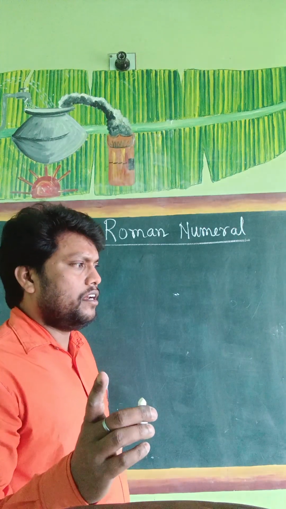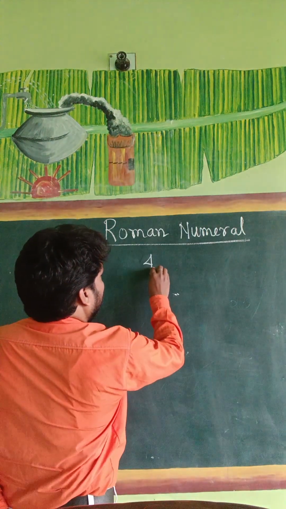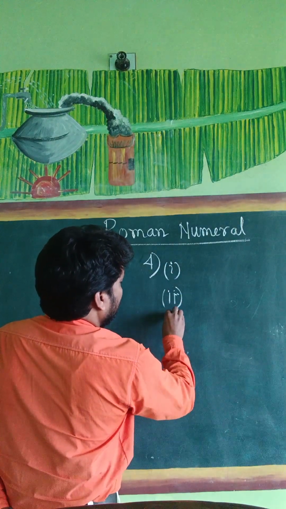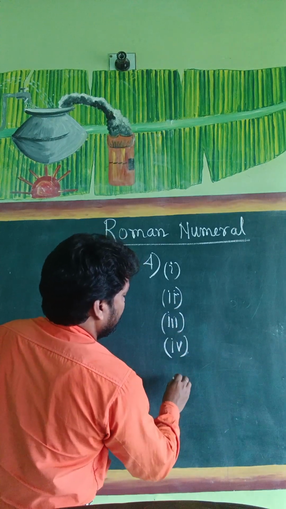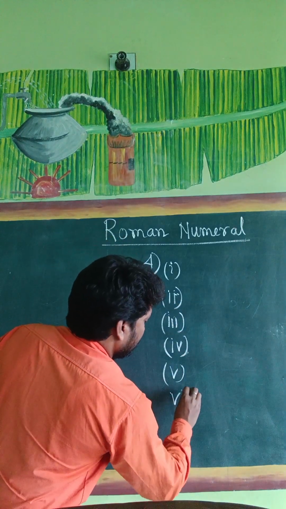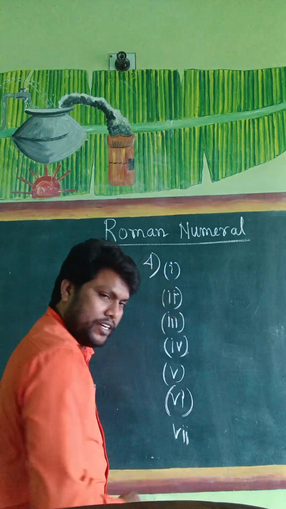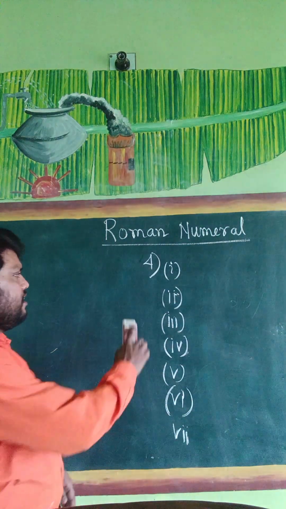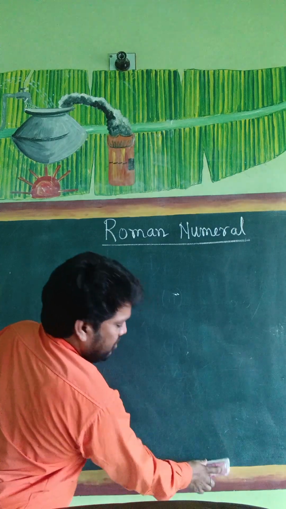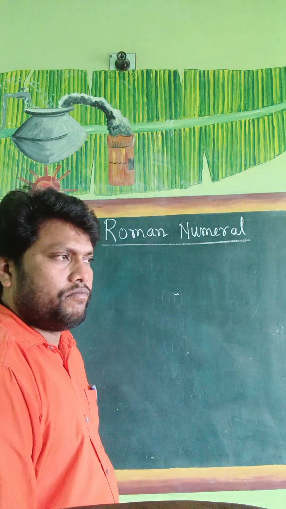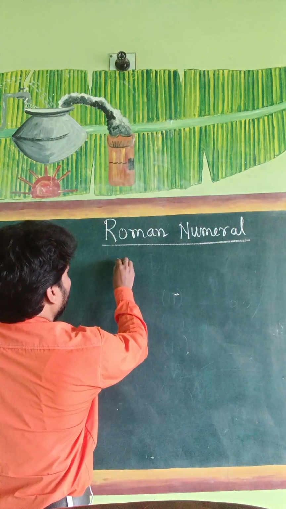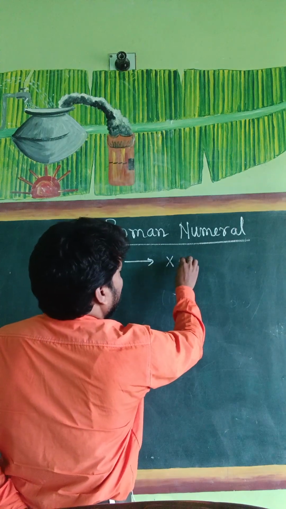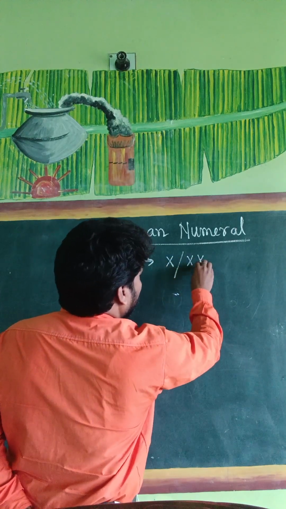Okay, suppose you see in question number 4, Roman 1, Roman 2, Roman 3, Roman 4, IV, Roman 5, Roman 6, Roman 7. In this way, these numbers are called Roman numbers. Generally, 99% of people know the Roman numerals from 1 to 10 or 1 to 20.